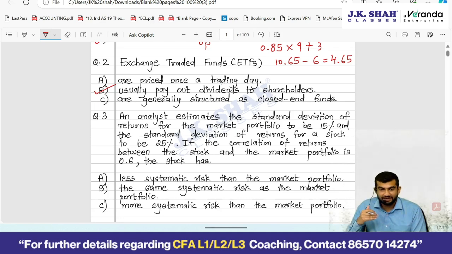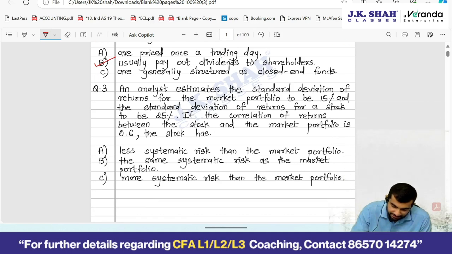So Nippon India will have to issue additional shares to you. Then it's not a closed-ended fund, no? Then it is structured as an open-ended fund because additional shares are issued by the fund house. I hope you understand this. Okay, fine. So option B.